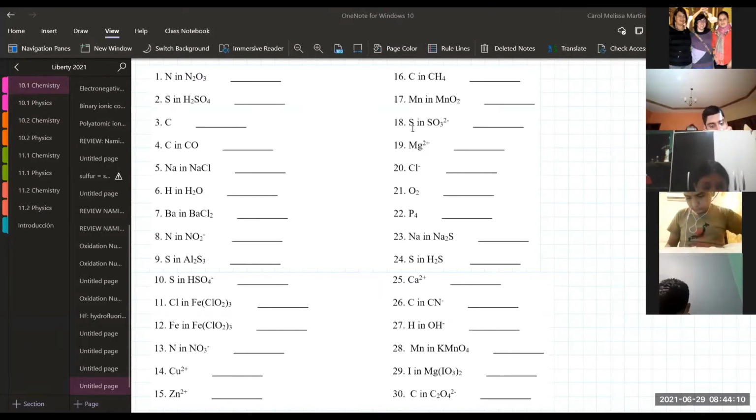The number 3 is not combined, okay? So because of rule number 1, we understand that when elements are not combined, the oxidation number is going to be 0, okay? What other element is not combined?